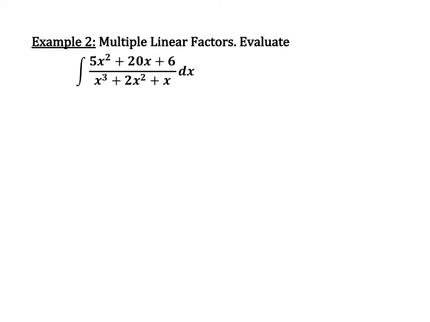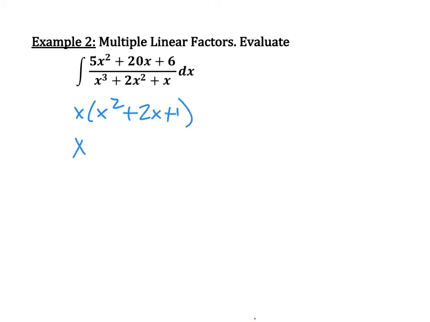So here's one that we're going to try to factor and break up. If we factor x out of the denominator here, we're going to get x times x squared plus 2x plus 1.